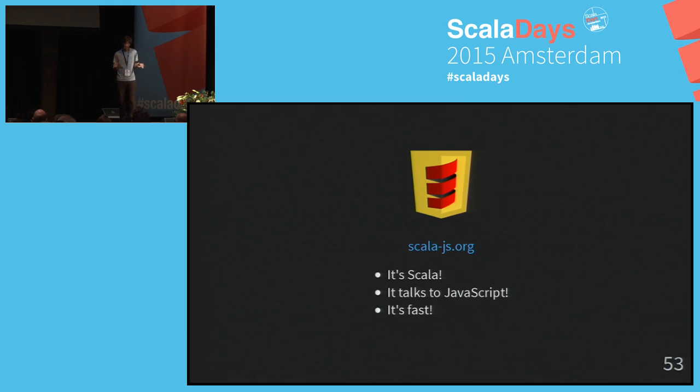Scala.js really can do everything JavaScript can do, except double equal. It's triple equal instead. We won't let you do the double equal. So yeah, that's the answer of Scala.js. We give you all the semantics that you need to be able to talk to arbitrary JavaScript code, and you don't need to fiddle with weird hybrid things.